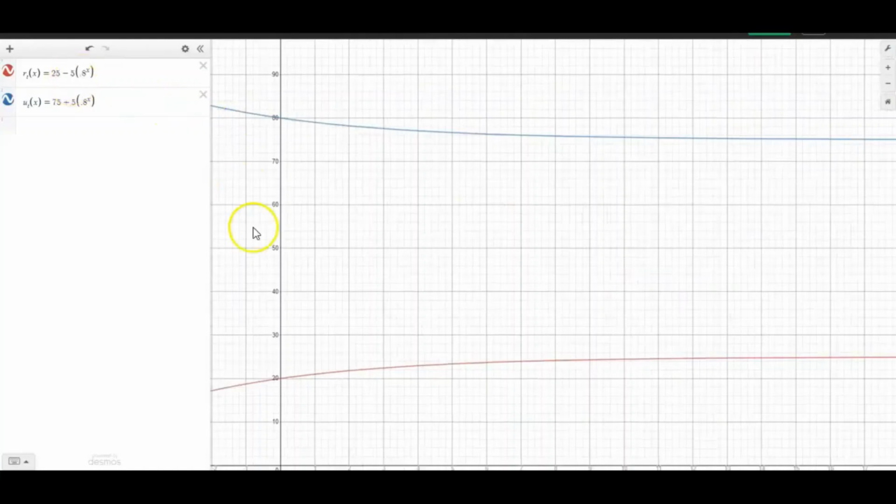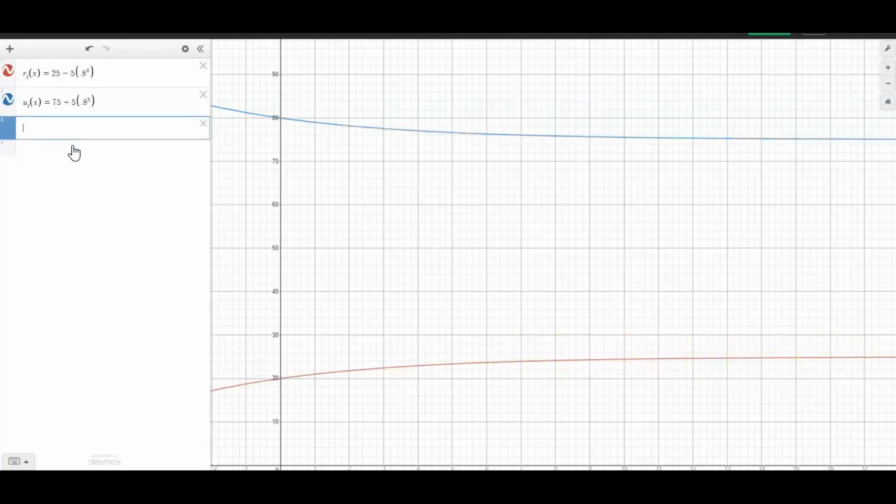So here we go. We can see that the number of rural people starts off at 20 at time 0. At time 0, u sub t starts off at 80. But over time, u sub t drops a little bit and starts to stabilize by about time 14 or 15. R sub t rises from 20 and then stabilizes after about time 14 or 15.